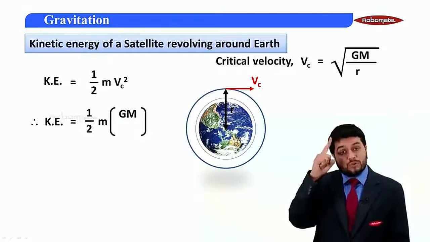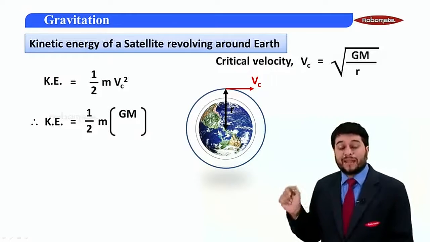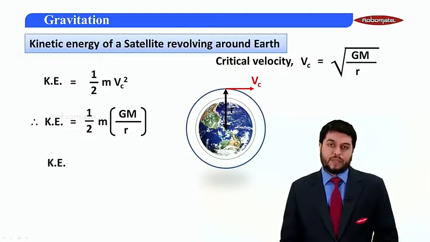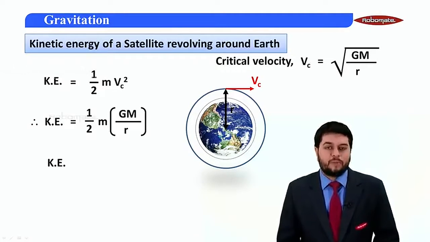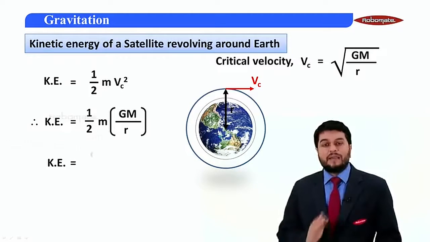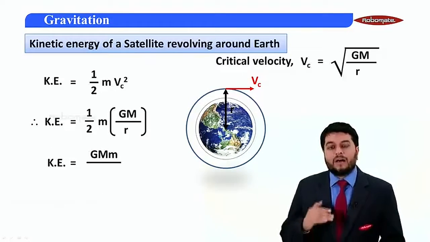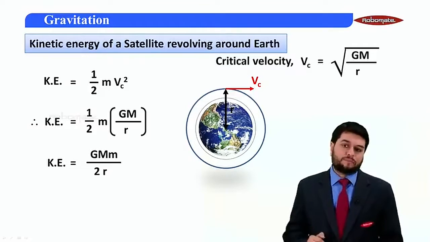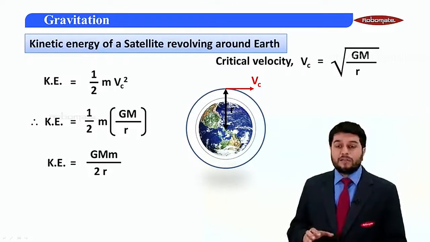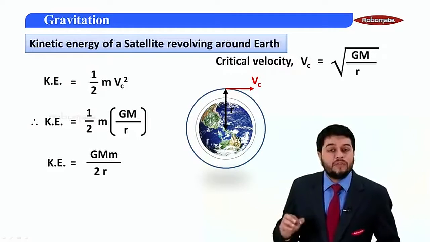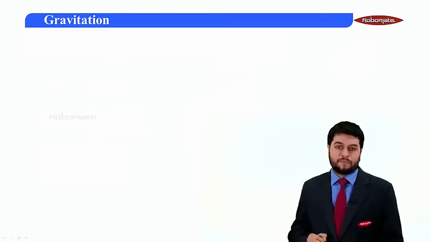The root will get cancelled, and it will become GM upon r. If I rearrange this and write it properly, I get kinetic energy is equal to GMm upon 2r, which is the formula for kinetic energy of a satellite revolving around the earth.